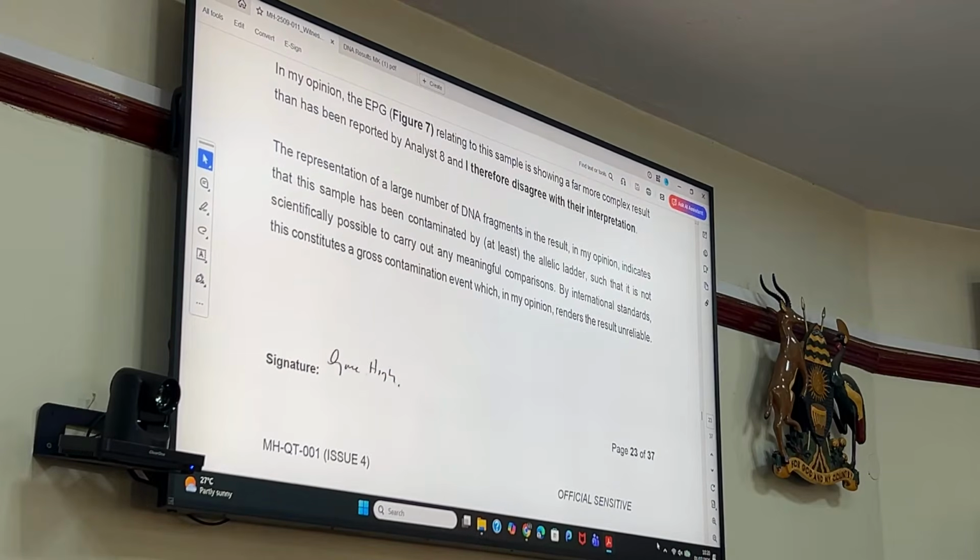And by international standards, this constitutes a gross contamination event, which in my opinion renders the result unreliable. I just want to understand, is this just the result of a cartridge that would be unreliable?